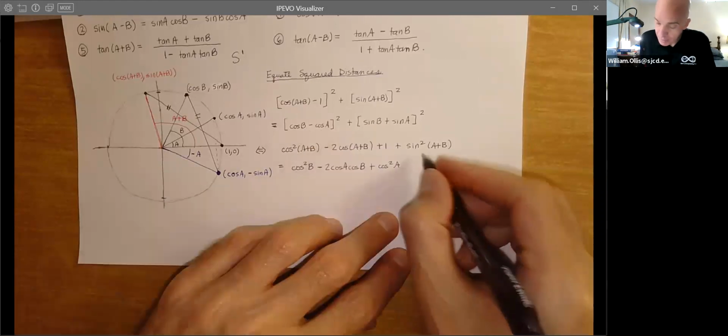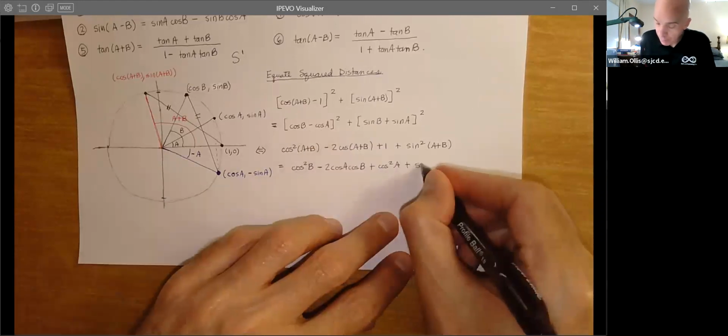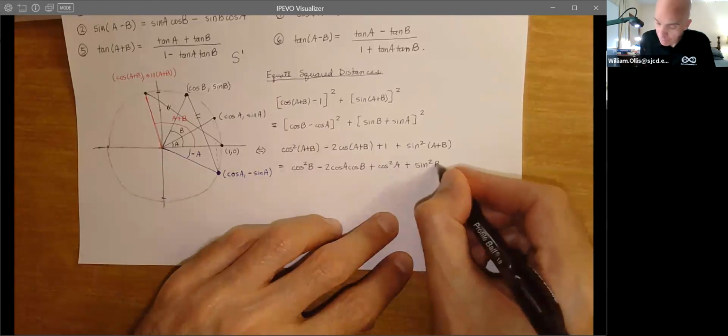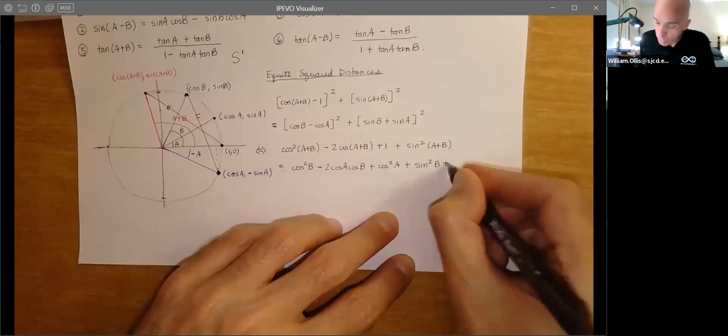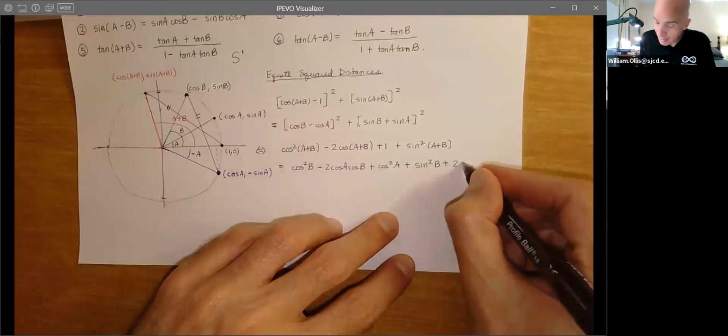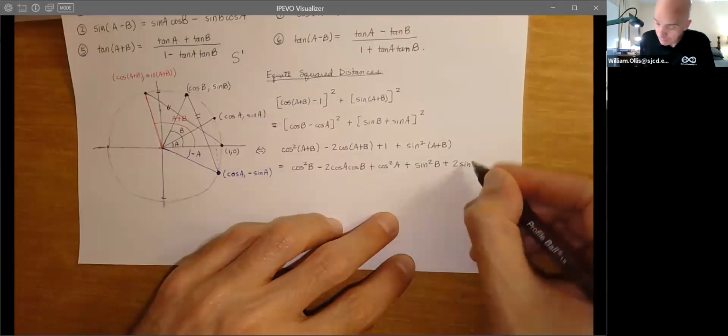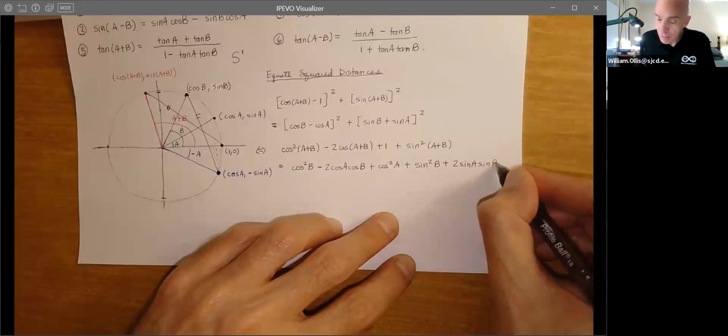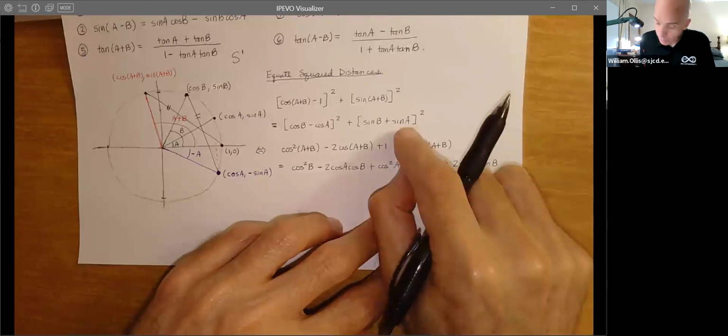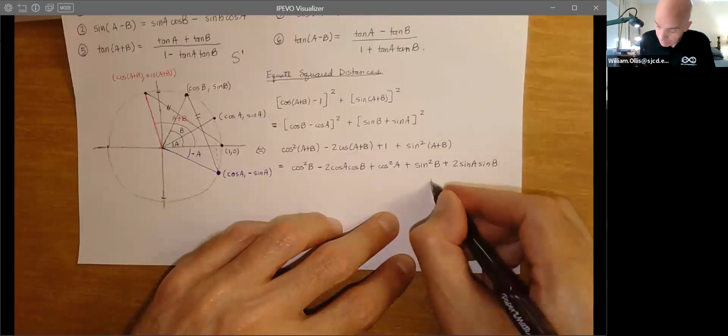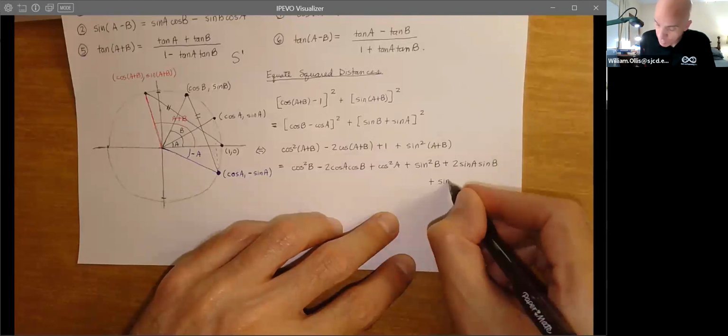So plus sine squared B, plus now 2 sine A sine B, plus sine A squared, or just sine squared A.